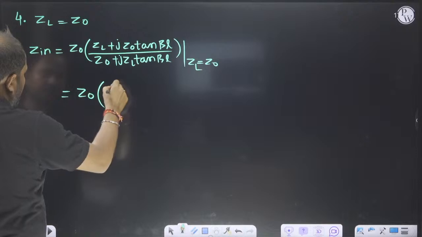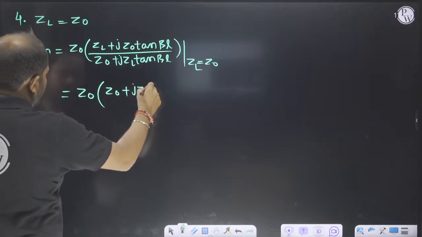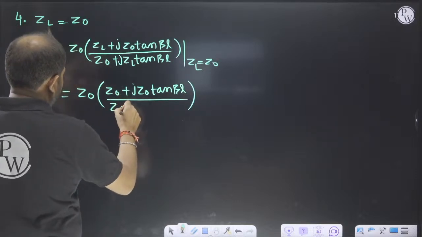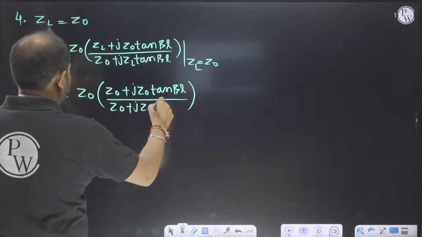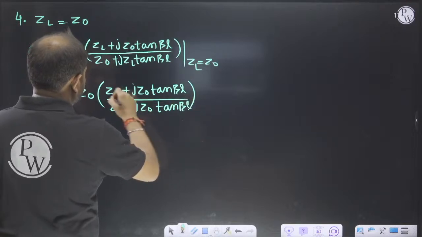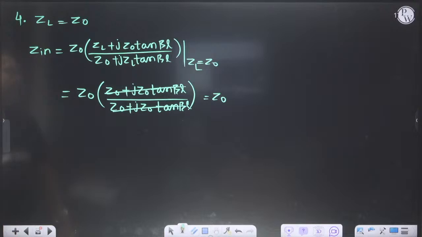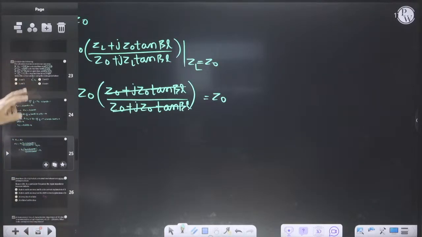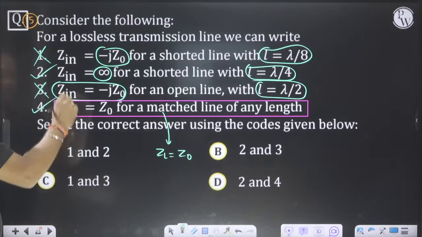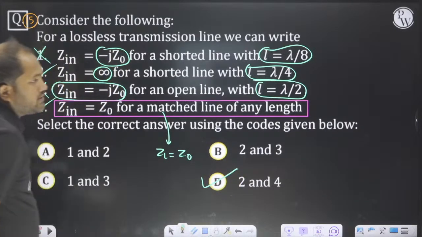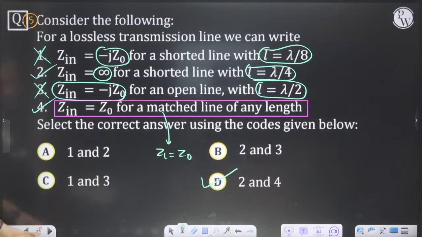It will be Z0 times (Z0 plus jZ0 tan beta L) over (Z0 plus jZ0 tan beta L). So this one and this one will be cancelled out. It will be equal to Z0. So Zin is equal to Z0. It is not depending upon length. So our answer will be fourth. So second and fourth are correct. So our option D is correct.